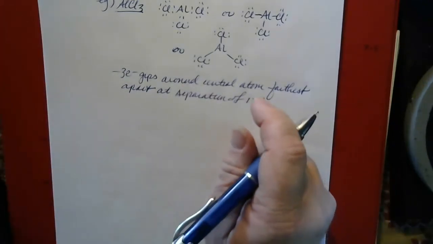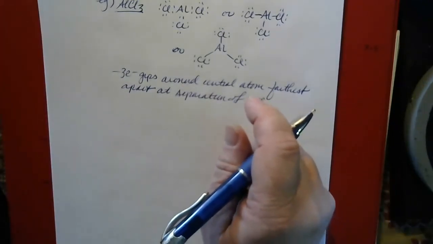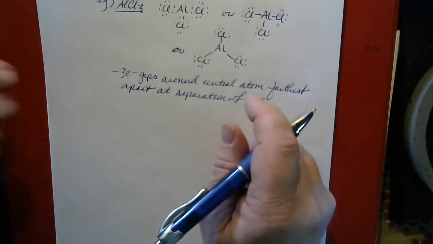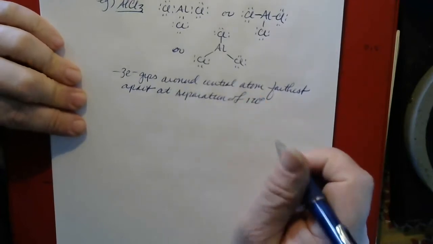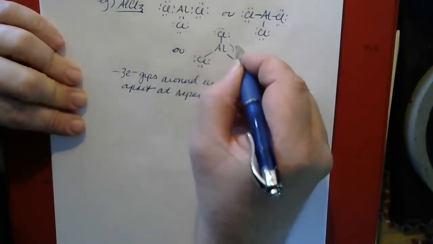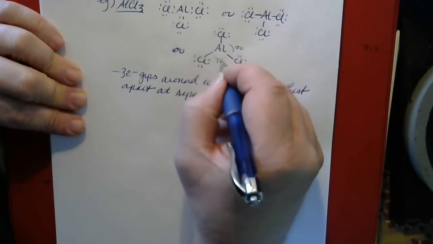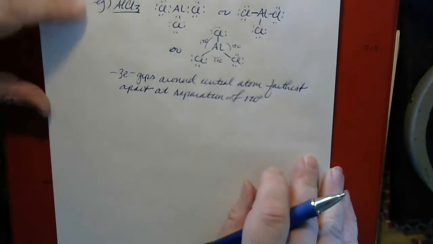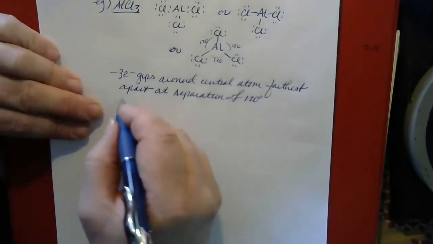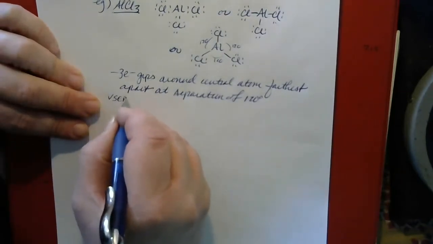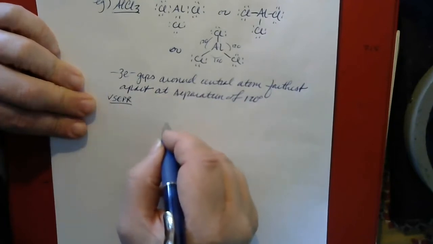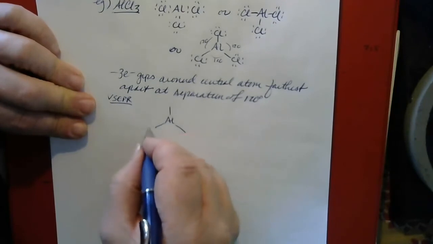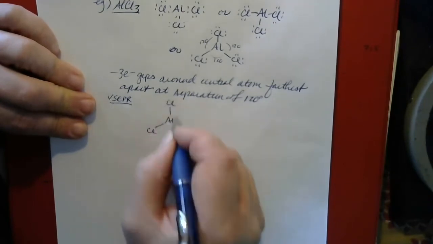So they're equidistant around the central atom in the same plane, and so we have 120 degree angles. And the VSEPR structure would be the one where you draw the molecule that reflects the actual arrangement.